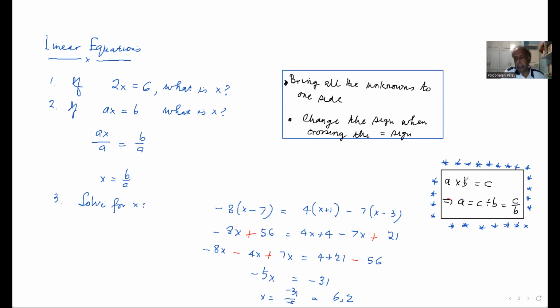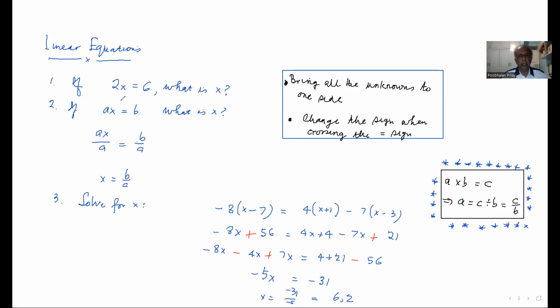It's very important to know that if you multiply two numbers and you get something else, then each one is the product divided by the factor. And c divided by b is the same as c over b. That's very important: division is the same as taking a fraction. All right, so that's the first thing that I want to say.